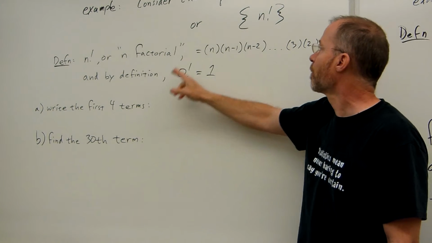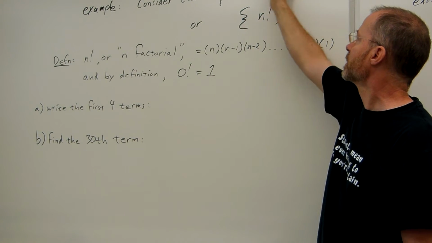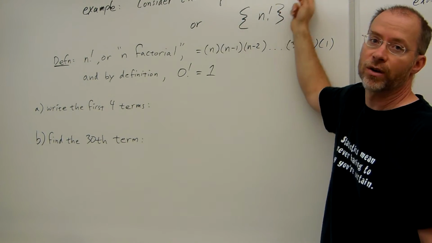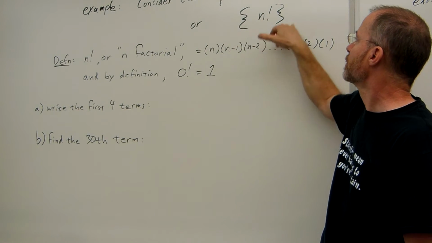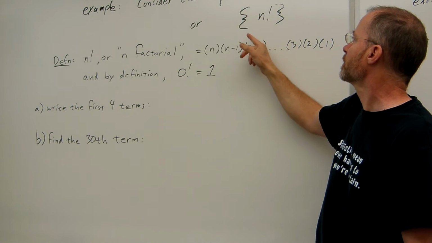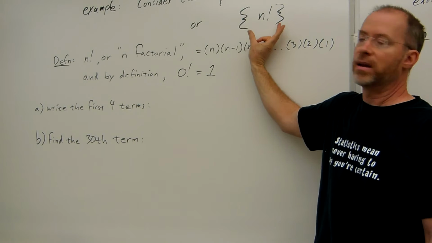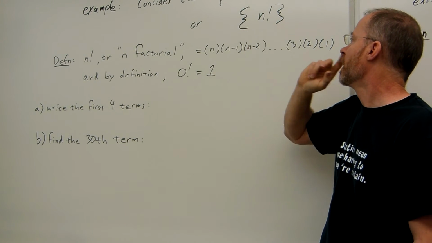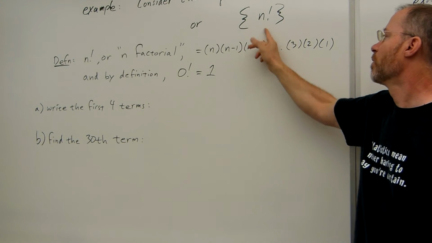So let's write the first 4 terms of this sequence. Sometimes you see it written like this with this subscript notation, or it looks almost like function notation if you think a of n equals n factorial. But also you see in MyMathLab and the textbook this approach where you see set notation, like the squiggly brackets, and then just write the formula in here, and you understand that that means the sequence that you get when you put in 1, 2, 3, 4, 5.